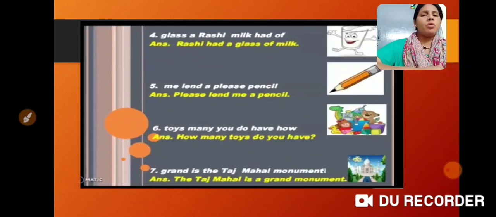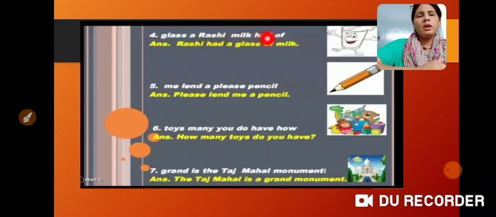Now look at the fourth example. Glass a Rashi milk had of. These group of words do not make a sense, so these are not sentences, but we can make a proper sentence of these words by rearranging.